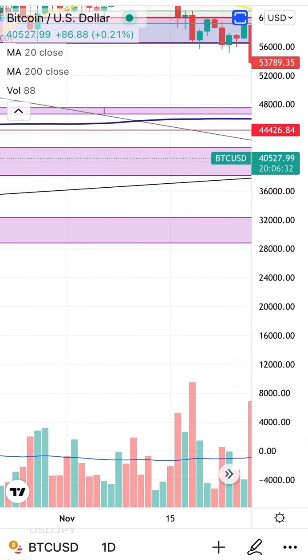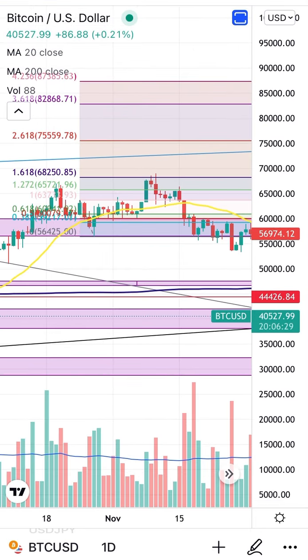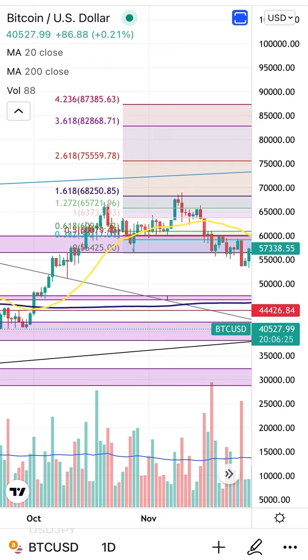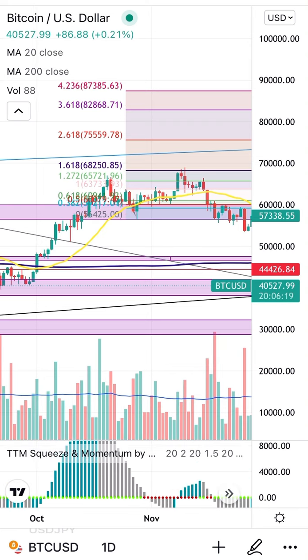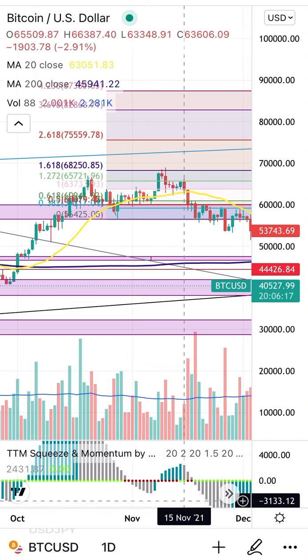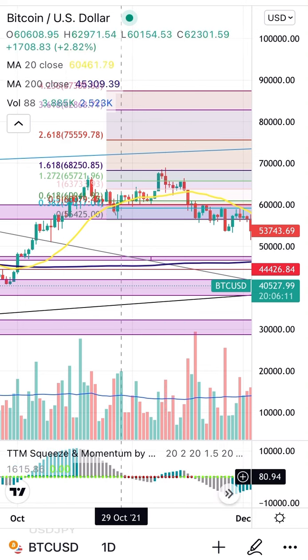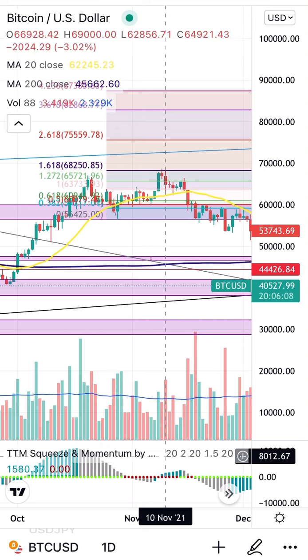But where did the TTM squeeze go? The other thing I wanted to point out was in the wave there, the wave was kind of lower. Oh, there it is. Okay, yeah. So you can see how the wave is lower than this peak here down at the bottom on the left. That's showing me that momentum is slowing down, right?